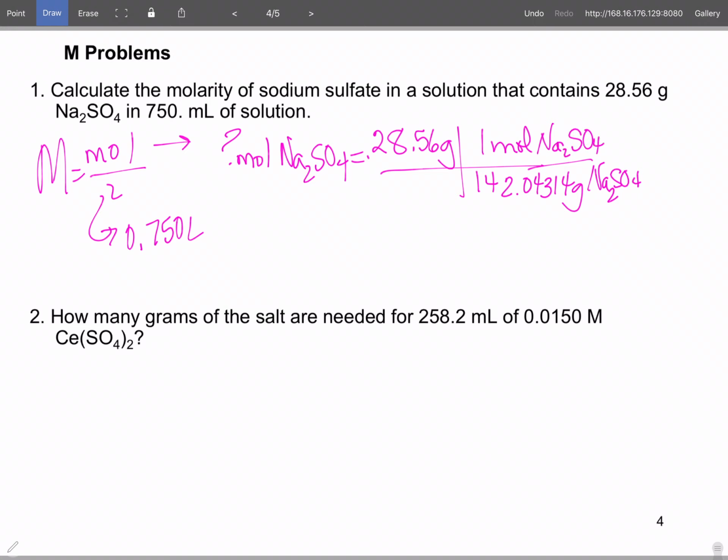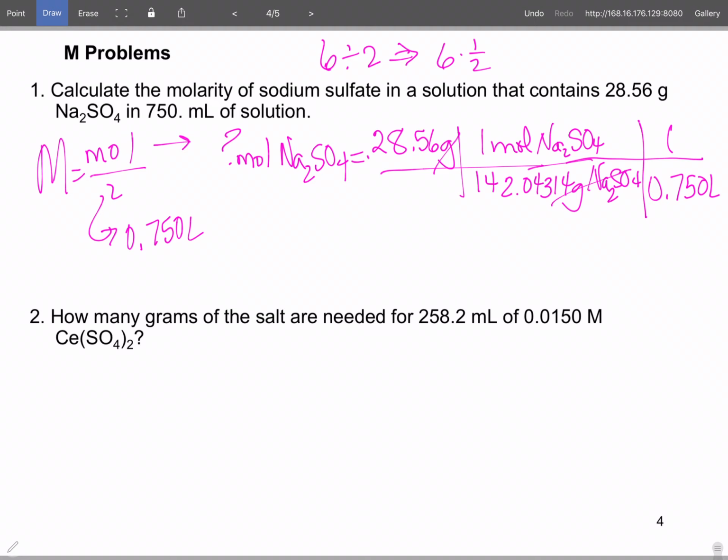Now, you could do that and then divide, or think about it. If you have 6 divided by 2, another way to write that is 6 times 1/2, right? So if I need to divide this by the volume, then I can just put that in there. And if you'll notice, your grams cancel.